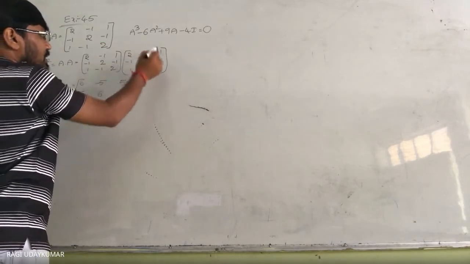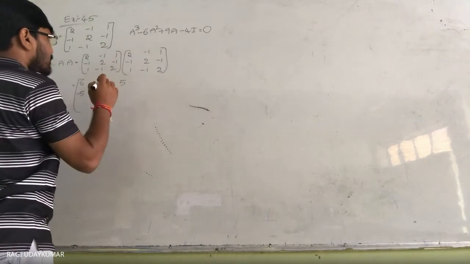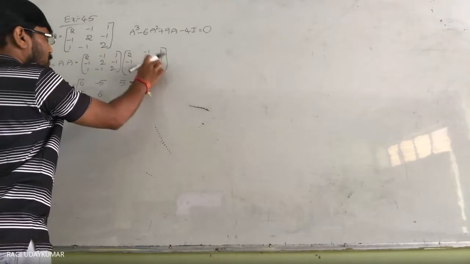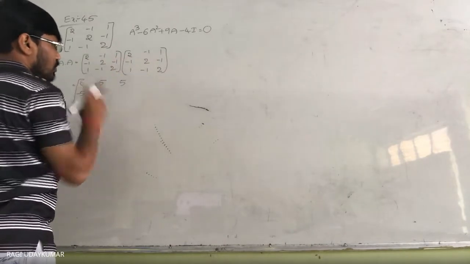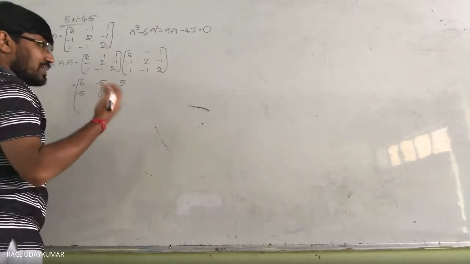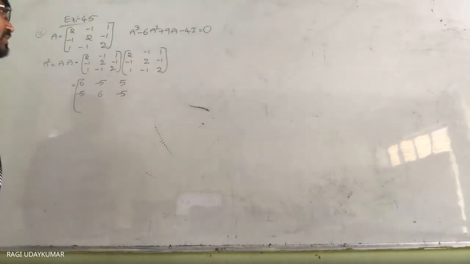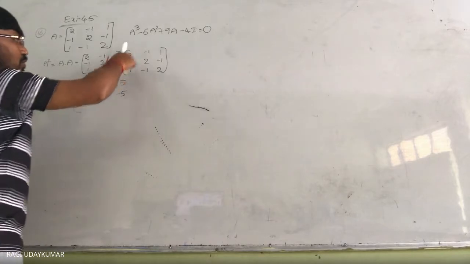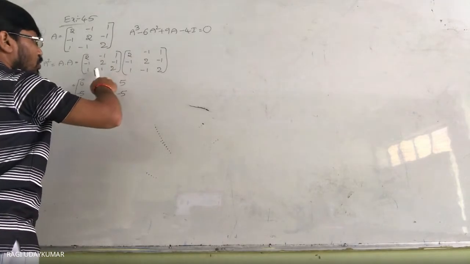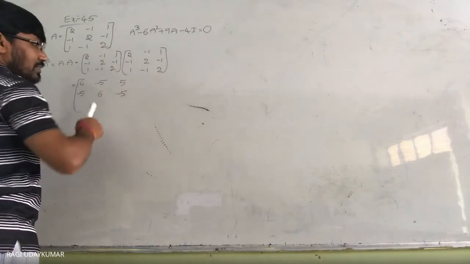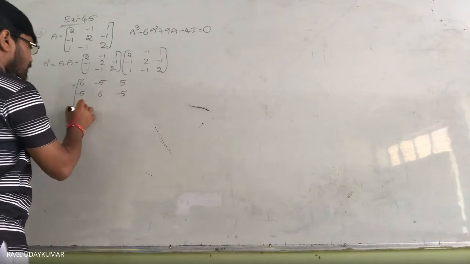Next this row with this, minus 1 minus 2 minus 2 minus 2 minus 2 minus 1 minus 5. Next this row with this, 2 ones are 2, 2 plus 1 3, 3 plus 2 5.